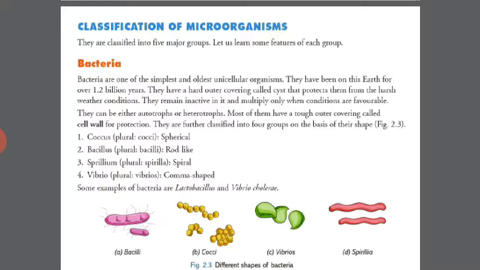We will study them in this particular video one by one. Bacteria. Bacteria are one of the simpler and oldest unicellular organisms. They have been on this earth for over 1.2 billion years. They have a hard covering around the cell that protects them from harsh weather conditions.